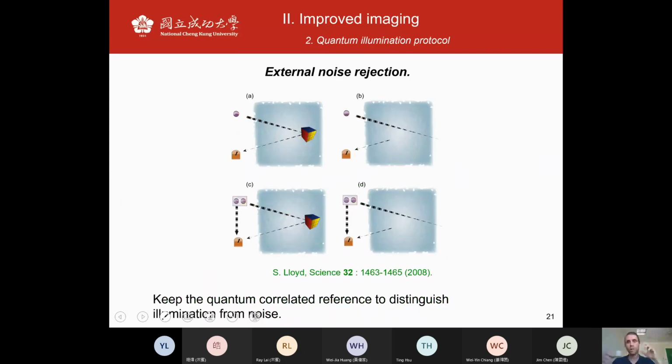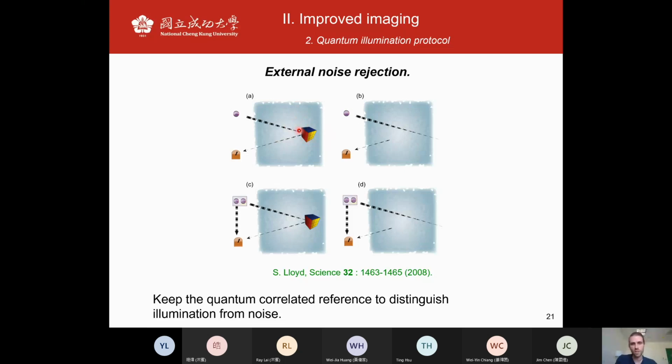Okay, another thing that you can improve upon using this type of correlation is through a so-called quantum illumination protocol. So that's what we have here. What we really try to do here is to get rid of some of the noise. But this noise now is not this fundamental shot noise, but an environmental background noise that comes from the fact that the scene that you are trying to observe is potentially in a noisy environment.